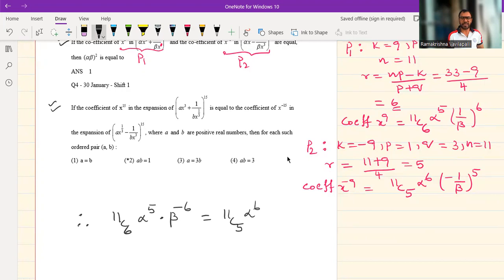Here a minus sign is there, so minus beta power minus 5. Now remember, nCr equals nC(n minus r).